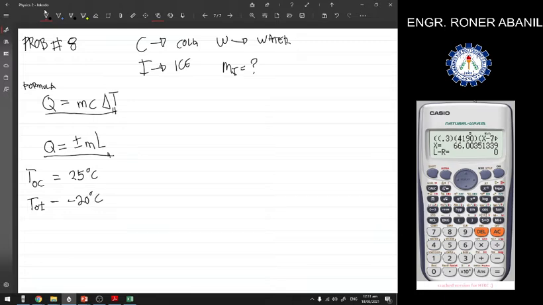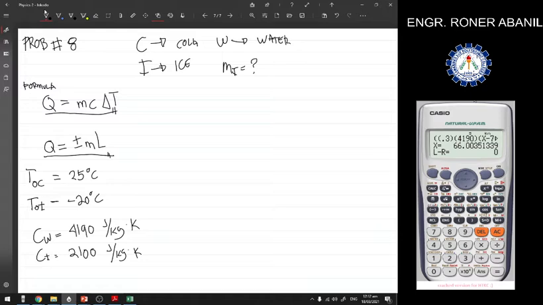Galing dun sa table 17.3, yung sa water natin, constant ng water natin is 4190 joule per kilogram kelvin. Yung C naman ng ice is 2100 joule per kilogram kelvin.